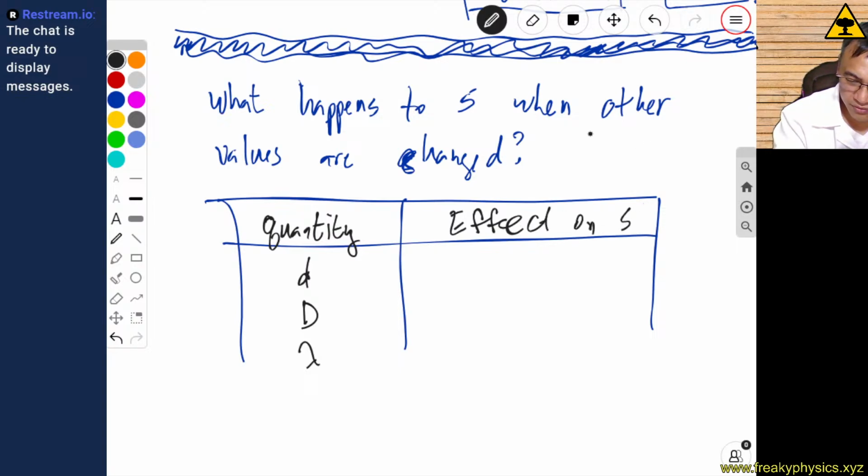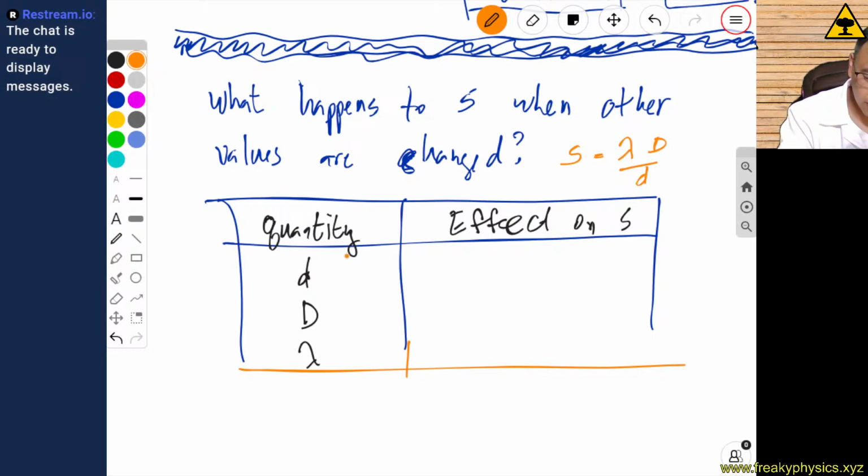So remember the equation, let's just write the equation here. The equation is S equals lambda big D over small d. So look and see here. Let's just say that they all increase.